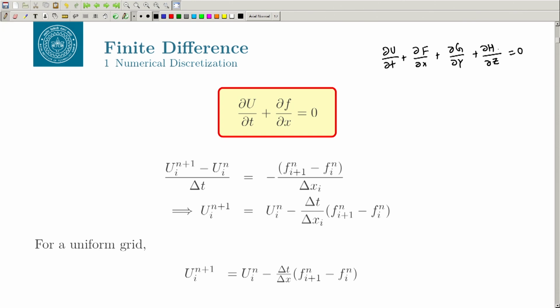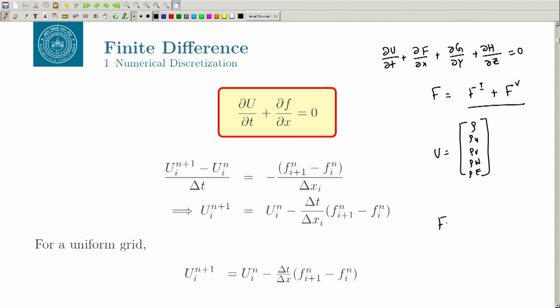And F, G and H had two parts, the first part was inviscid and the second part was viscous. For the inviscid part, for example, you will have rho, rho u, rho v, rho w and rho e, this is your U.